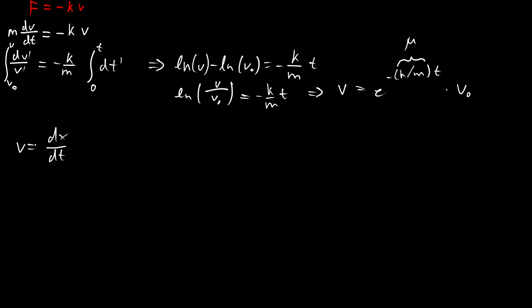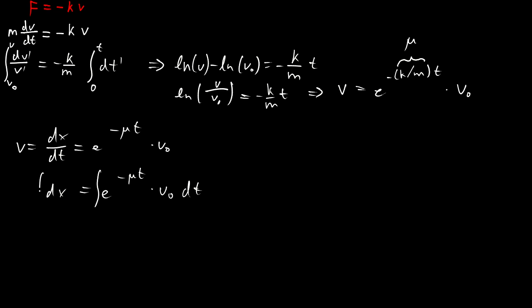So v equals dx over dt, and that equals e to the power of minus mu times t times v0. We multiply by dt, so we have dx equals e to the minus mu times t times v0 times dt, and we integrate over that.